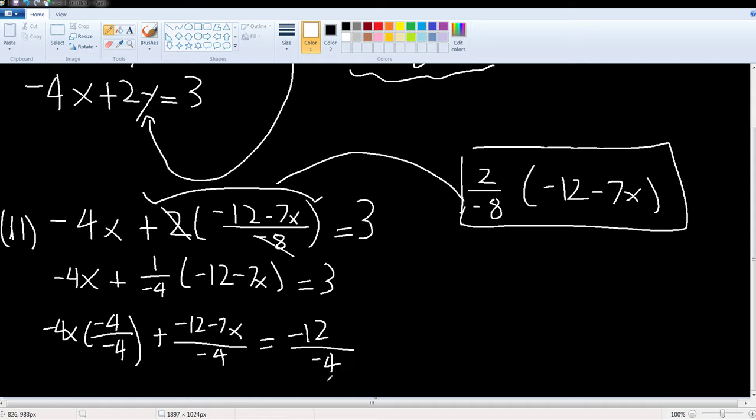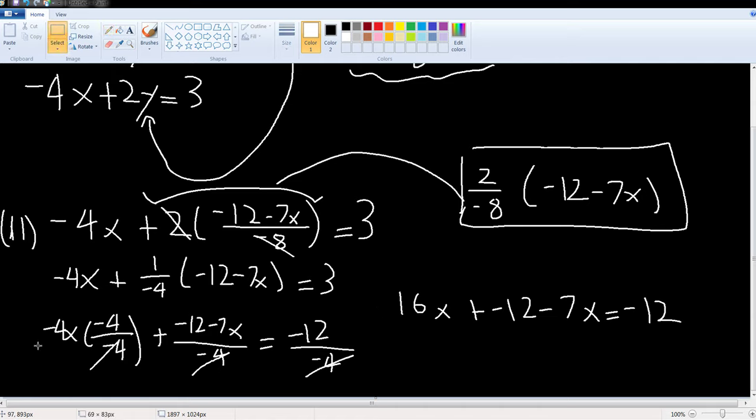Now, since everything is in terms of -4 in the denominator, I can essentially get rid of all of them. What I'm left with is positive 16x plus -12 minus 7x is equal to -12. We get positive 16x because -4x times -4 is positive. Two negatives make a positive when you multiply them.